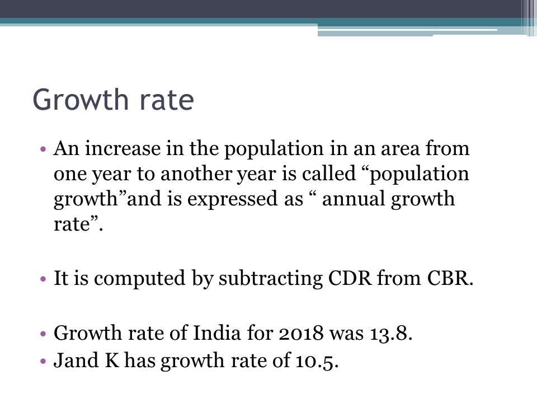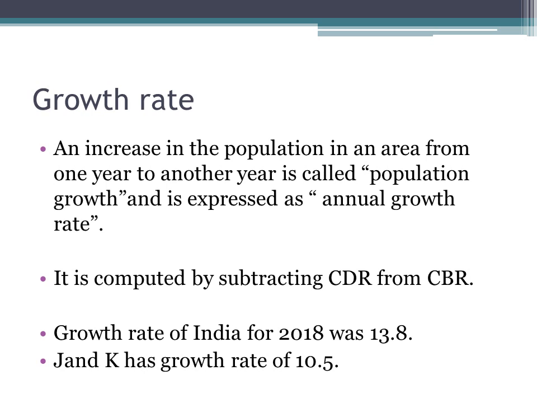Now comes the growth rate. Growth rate is defined as the increase in the population of an area from one year to another and is called the population growth. It is expressed as annual growth rate. Growth rate is computed by subtracting the crude death rate from the crude birth rate.